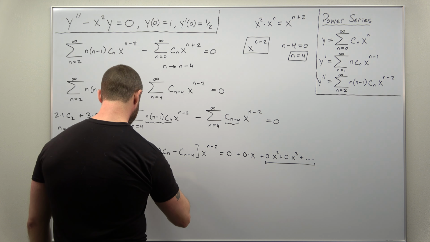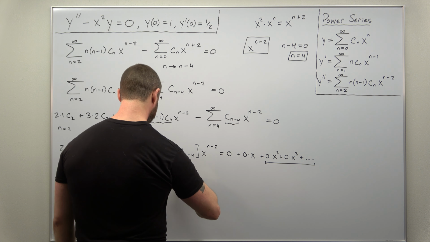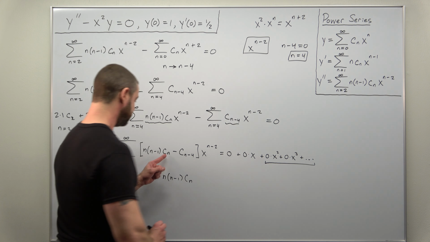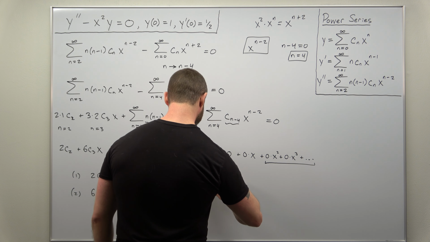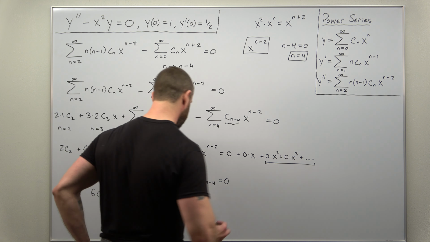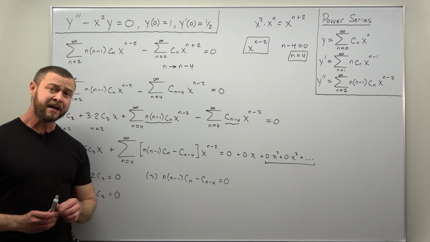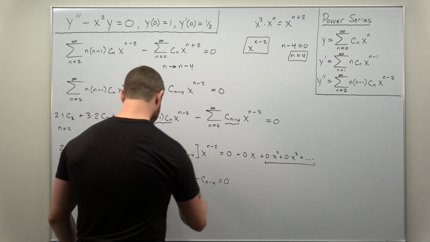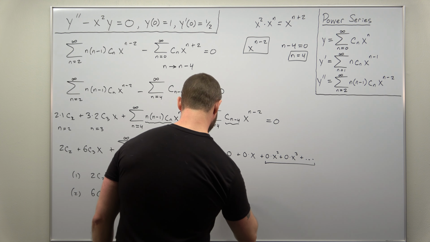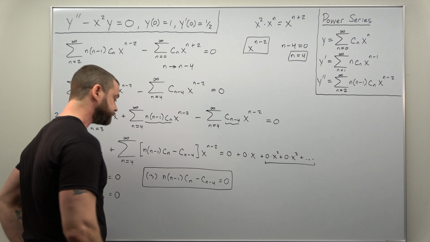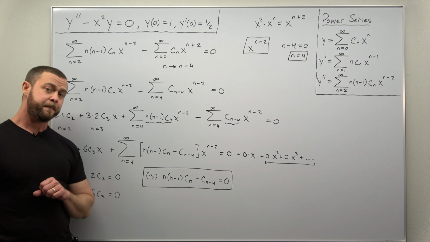So our third condition is that n times n minus 1 times c sub n minus c sub n minus 4 has to equal 0, and that is basically our recurrence relation. And that's most of the work for this question.